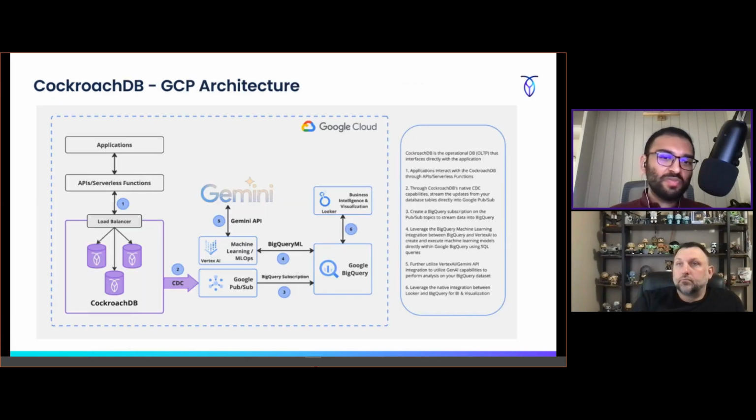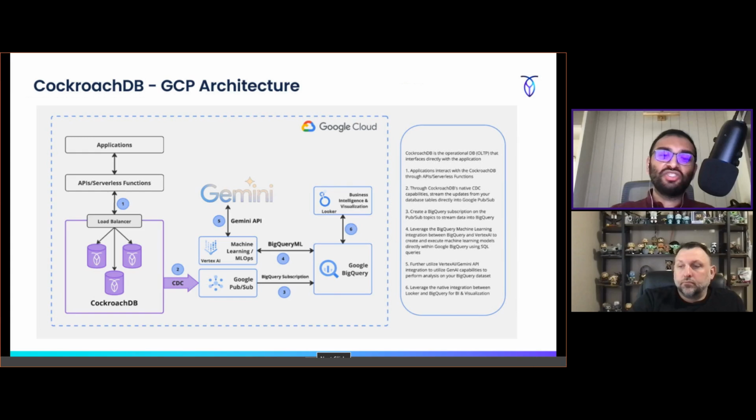And specifically with some use cases, how does that actually work? You have your applications that interact with CockroachDB through APIs and serverless functions. They connect through the load balancer, like what Ajay was talking about earlier. Either your CockroachDB instances are deployed on GKE or GCE, the compute engines that Google provides, and through our CDC functionality, you can connect into PubSub and create a BigQuery subscription to get data into Google BigQuery.